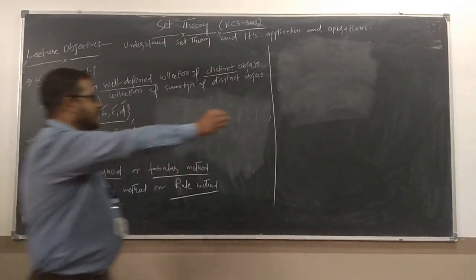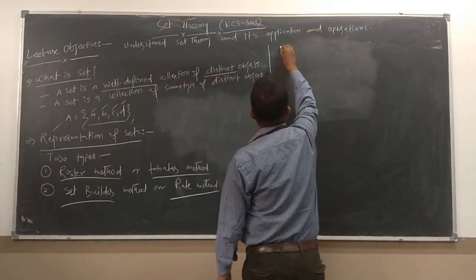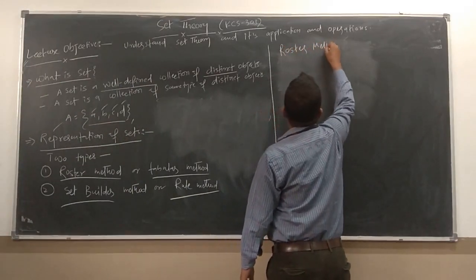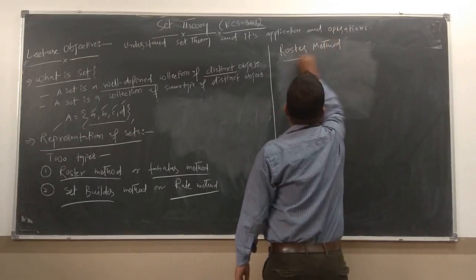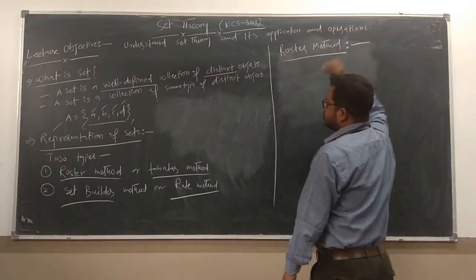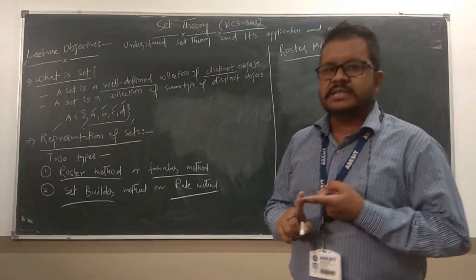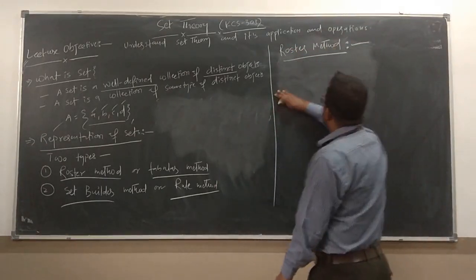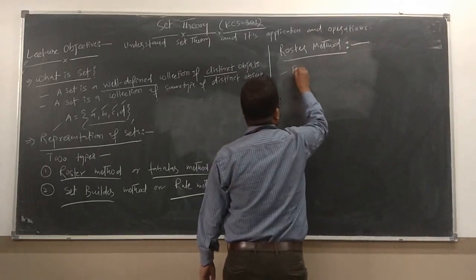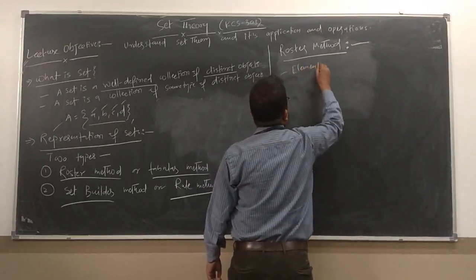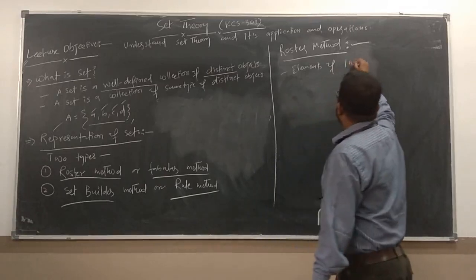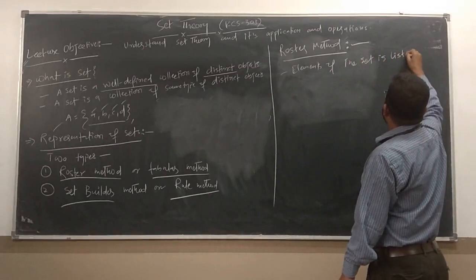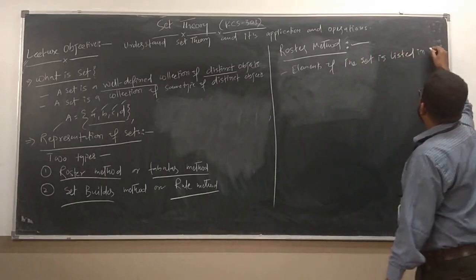In the roster method, the elements of the set are listed in curly brackets.